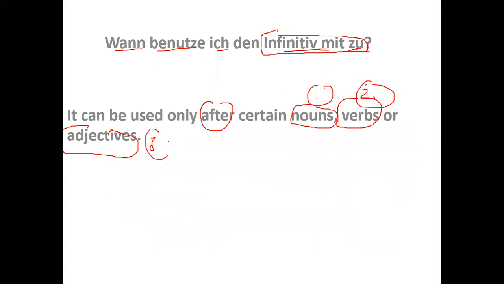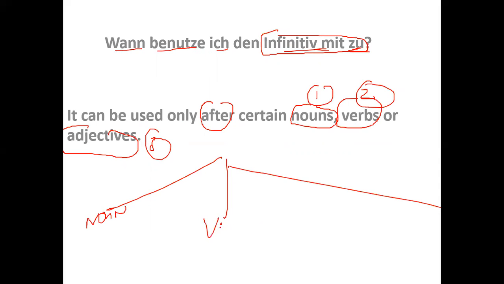So only in three cases. Case one is some particular nouns, some particular verbs, or some particular adjectives. Only after these. So this is rule number two. What was rule number one?